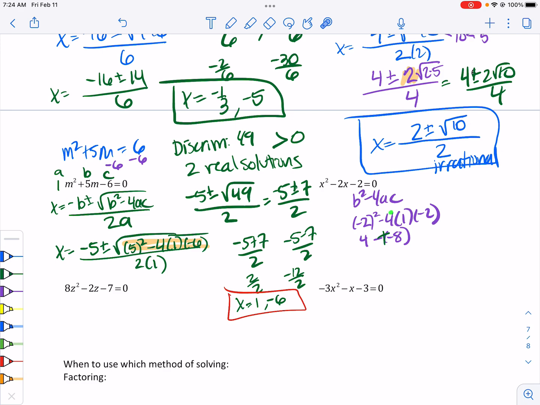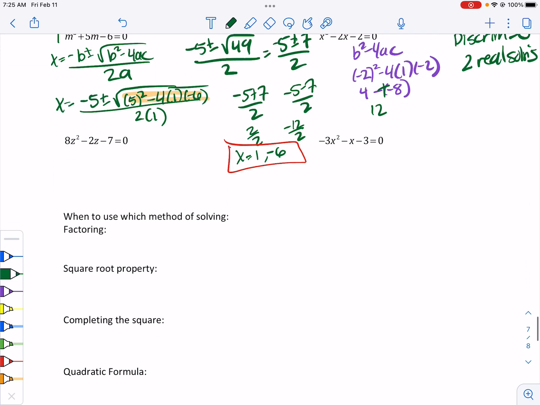Or you could have done 4 times 1 times 2 is 8, and then negative times negative is positive, so then you get 4 plus 8, which gives us 12. So because our discriminant is greater than 0, we have 2 real solutions. We're going to pause there and just look at the discriminant. So here, see if you can find your discriminant. Pause the video, find your discriminant, see if you're right.